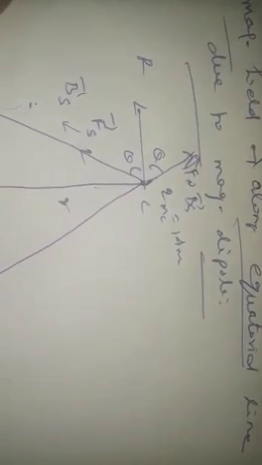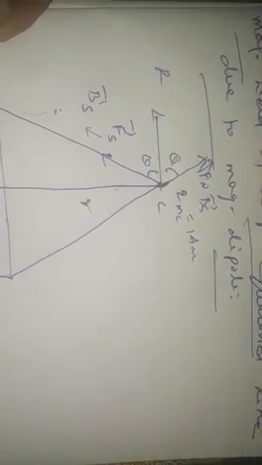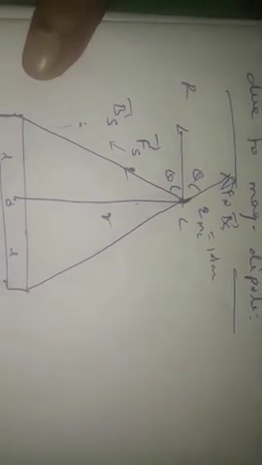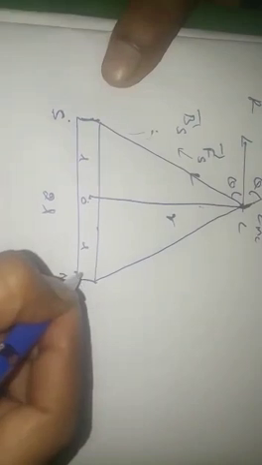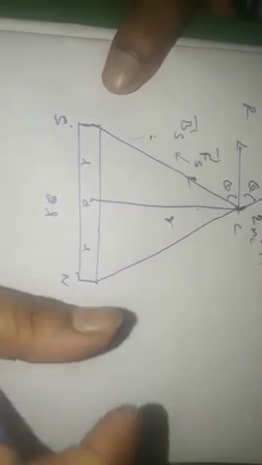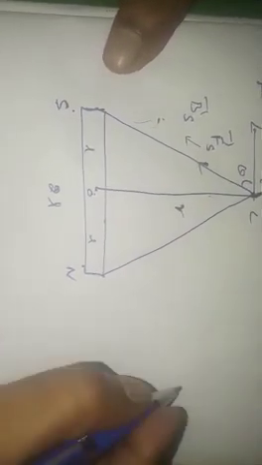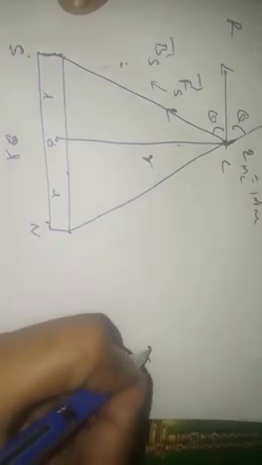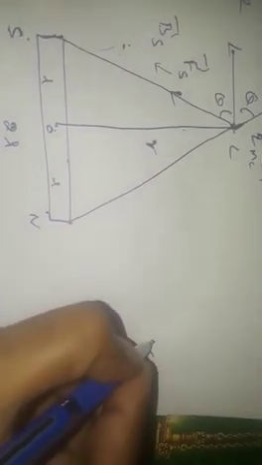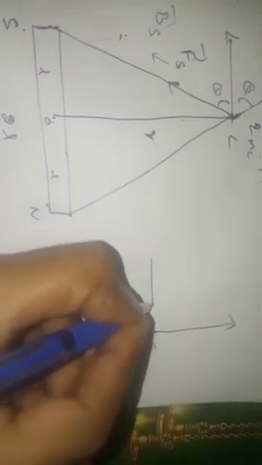Next, find the force of repulsion between the north pole of the bar magnet and the unit north pole at point C. At point C, the force due to the north pole is resolved into two components, vertical and horizontal.